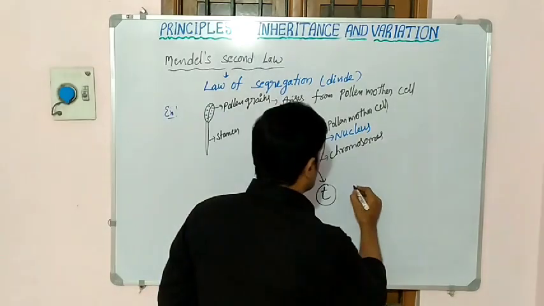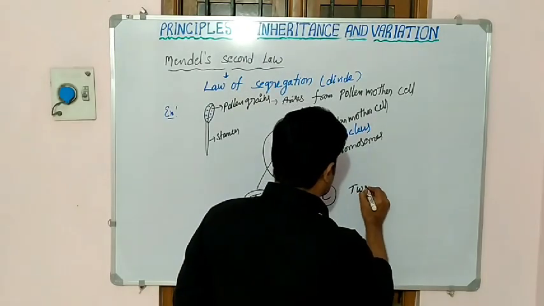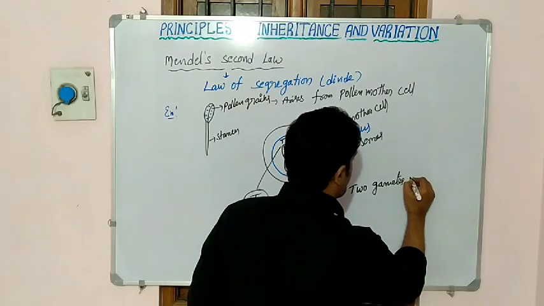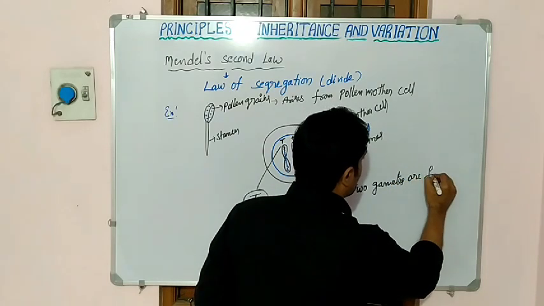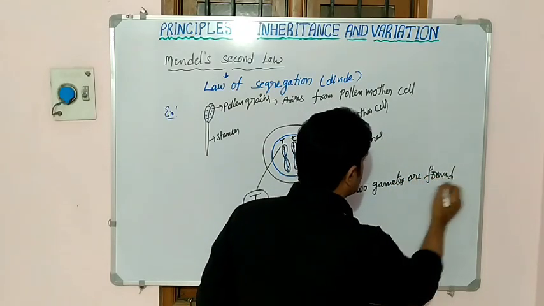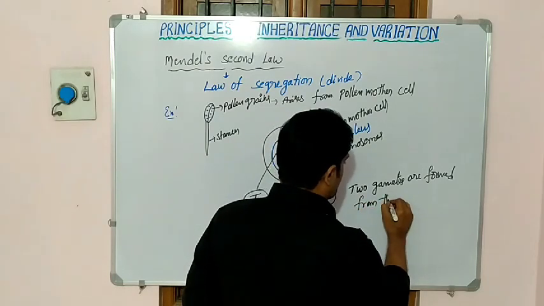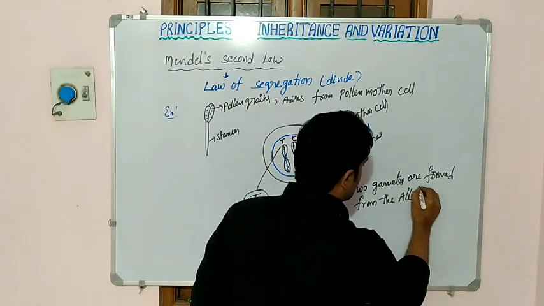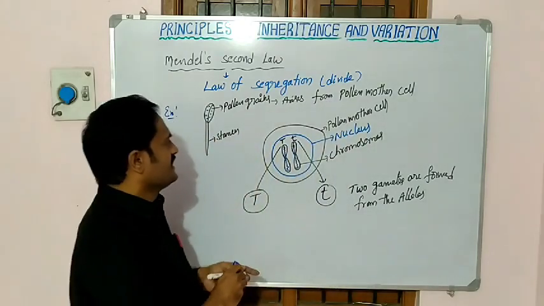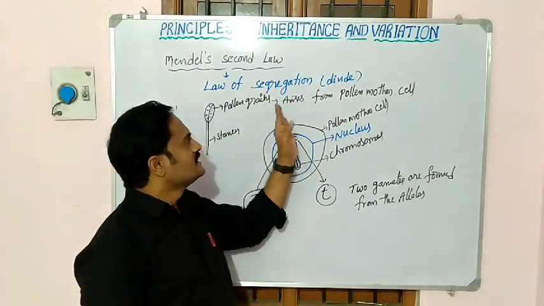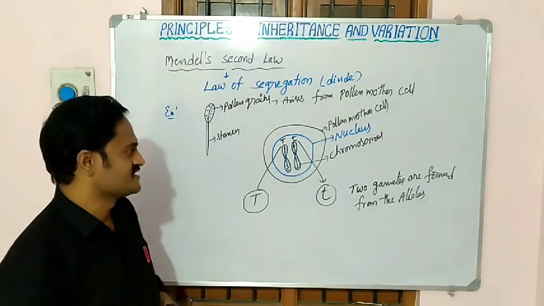So two gametes are formed from the alleles. Remember, this is called the law of segregation.